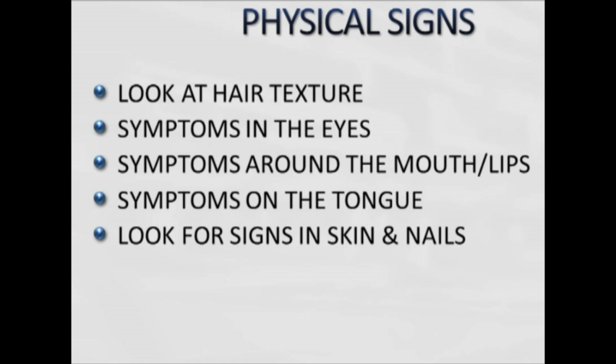And I just want to remind you that hair texture, for example, symptoms in the eyes like a pale conjunctiva, symptoms around the mouth like angular stomatitis, cheilosis, which is the edematous lips, symptoms of the tongue, such as glossitis, and also signs in the skin, such as dermatitis, and in the nails, like the spoon nails in basically iron deficiency anemia, all become physical signs that are useful to help confirm, along with the blood parameters, that there is a specific diagnosis.